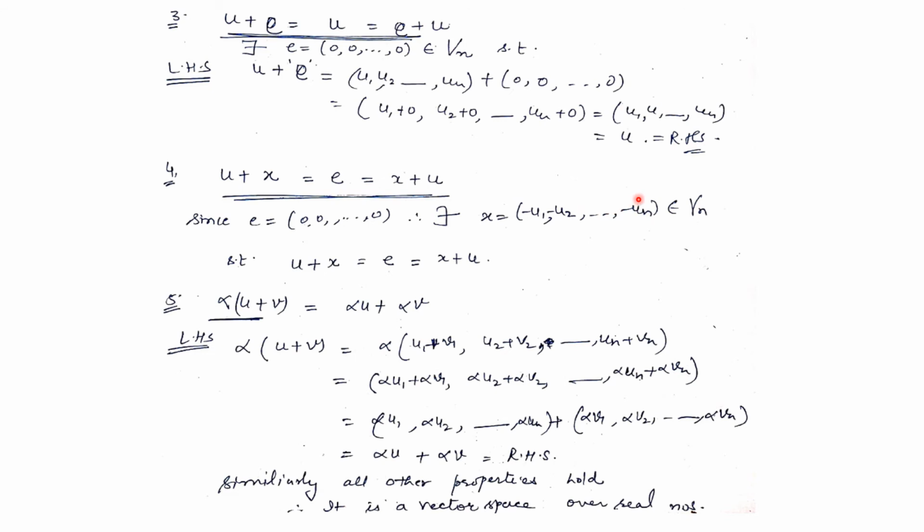If u1, u2 till up to un are real numbers, then minus u1 is also a real number, minus u2 is also a real number, and so on up to minus un is also a real number. So this is also a real number. This is an n order tuple, so clearly it should belong to Vn. So with respect to the operation addition and identity, which is 0, 0, 0, 0, we have x, which is minus u1, minus u2 till up to minus un. This is the inverse of u. So this x is the inverse of u, which exists in Vn, right?